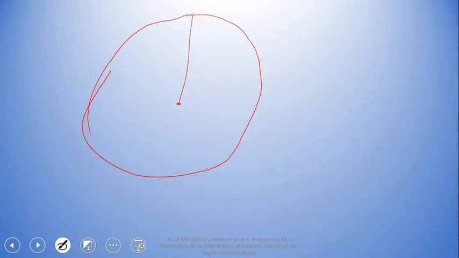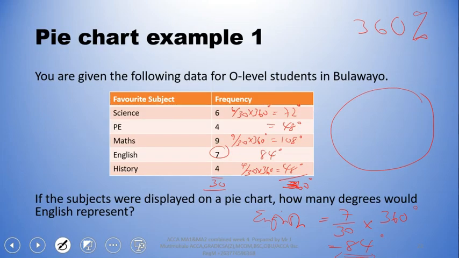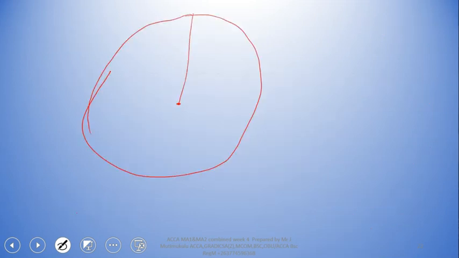Now you're holding your protractor. You want to find the first pie. Let's start with science, 72 degrees, which is somewhere here.